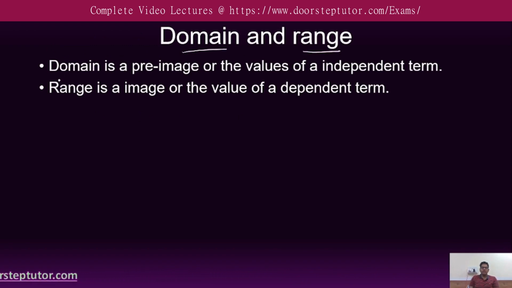So domain is a pre-image or the value of the independent term, whereas range is the image or the value of the dependent term.